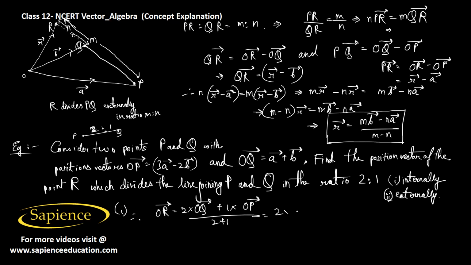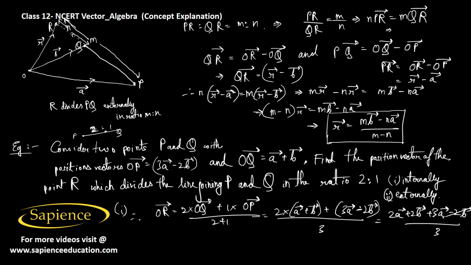So that will be 2 into (A vector plus B vector) plus 1 into OP vector, means (3A vector minus 2B vector), divided by 3. So that will be equal to (2A plus 2B plus 3A minus 2B) divided by 3. So 2B and 2B will cancel. So this will be equal to 5 by 3 into A vector. So this is the required position vector of the point R.